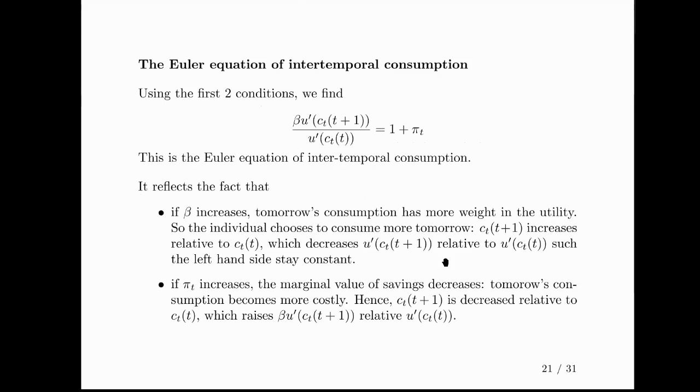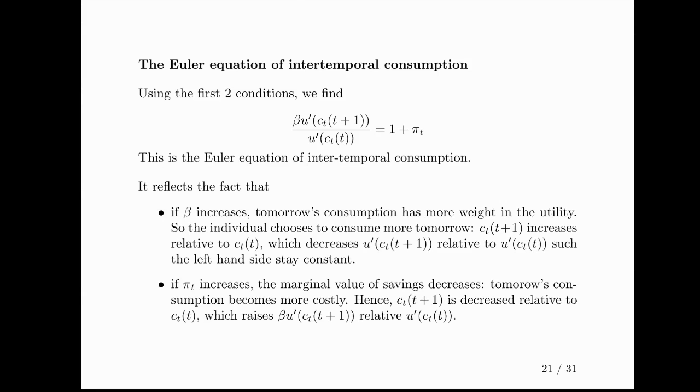So that's what I'm doing here, and I'm getting this expression: beta U prime Ct+1 divided by U prime Ct equals 1 plus pi t. And this is what we call the Euler equation of intertemporal consumption. So it's a fundamental equation in macro, or in economics in general.